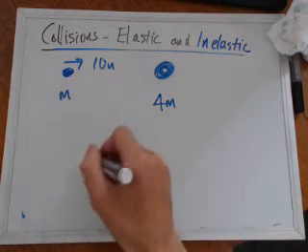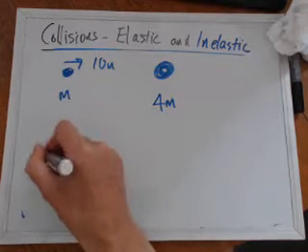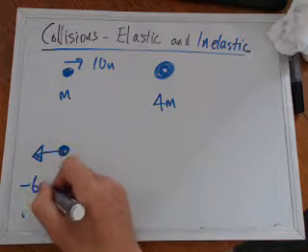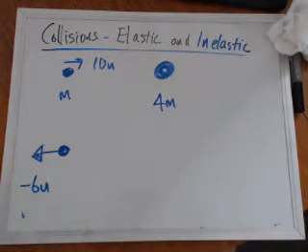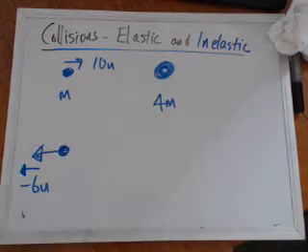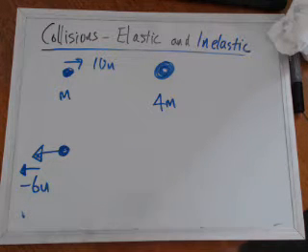So that's before. And after the collision, the proton moves off backwards at minus 6u. I should really be pointing in the other direction, but you can get the idea.